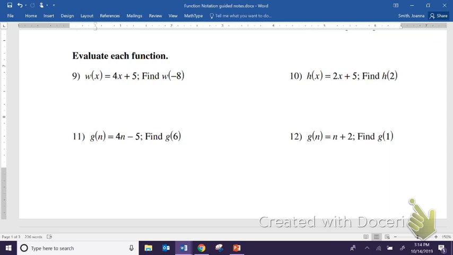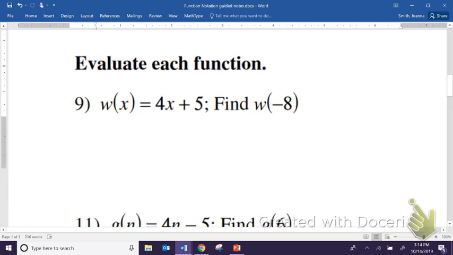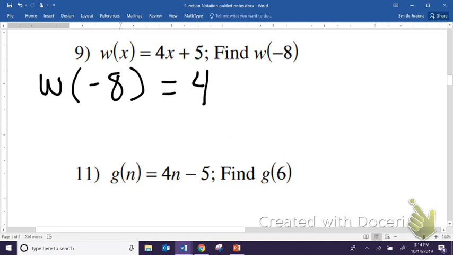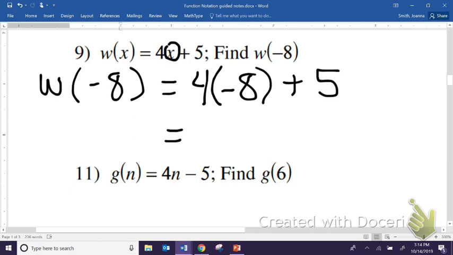So if w of negative 8 is equal to 4x plus 5, I'm going to zoom in on this a little bit, wherever we see an x, we'll put in a negative 8. Then we'll use our calculators. 4 times negative 8 is negative 32, plus 5 will give you negative 27.